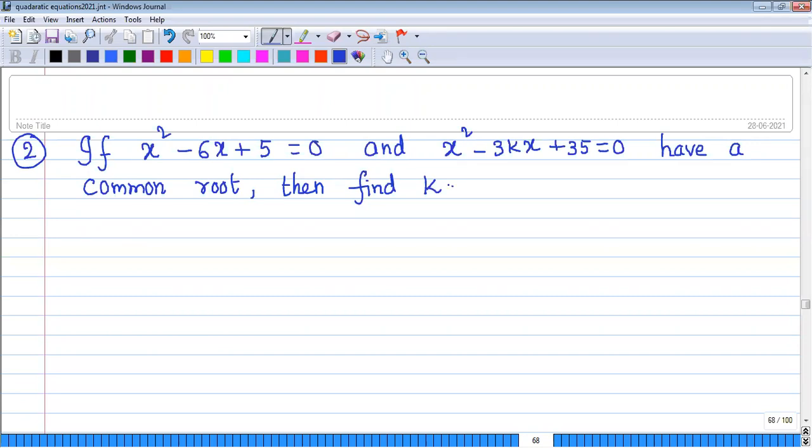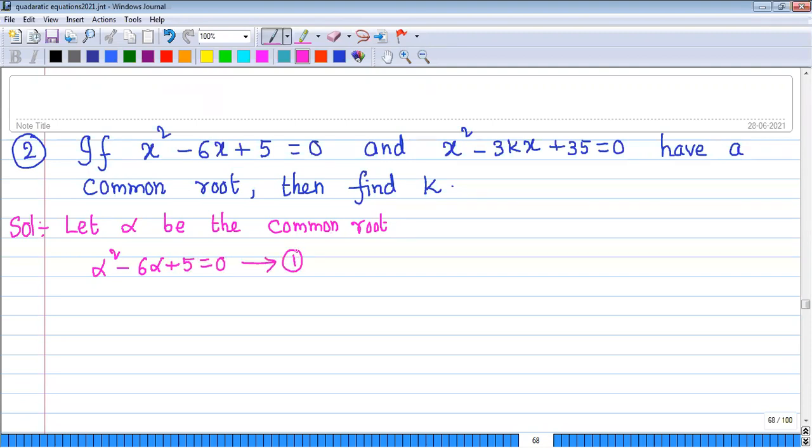Right. Let alpha be the common root. If alpha is the common root and you substitute in the first equation, we get alpha square minus 6 alpha plus 5 equals 0, say equation 1.